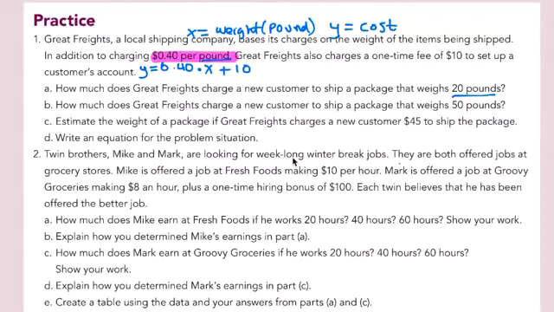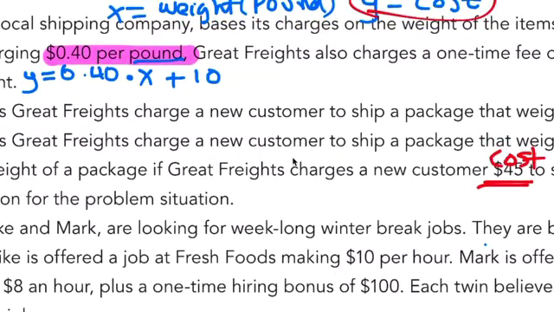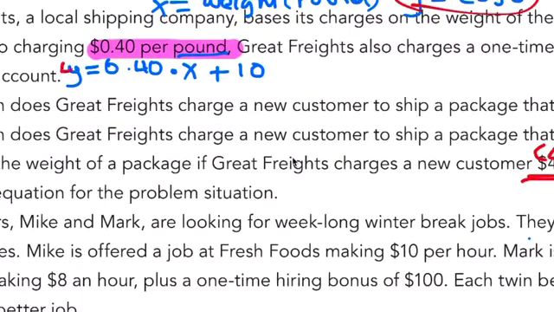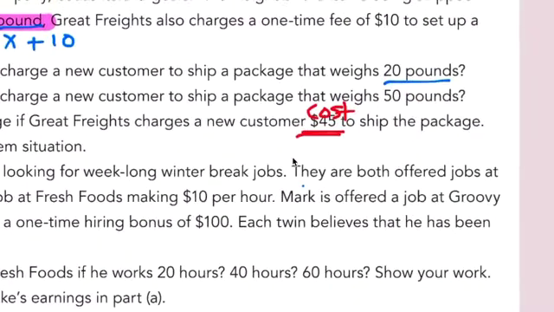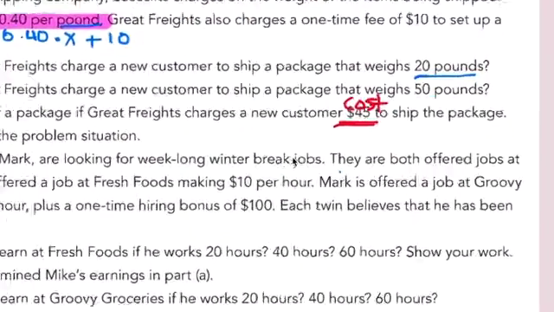Estimate the weight if Great Freight charges a new customer $45 to ship a package. If that's the cost, that goes into y. So in this equation, you put that 45 into y and you solve it. I'll write it small here.